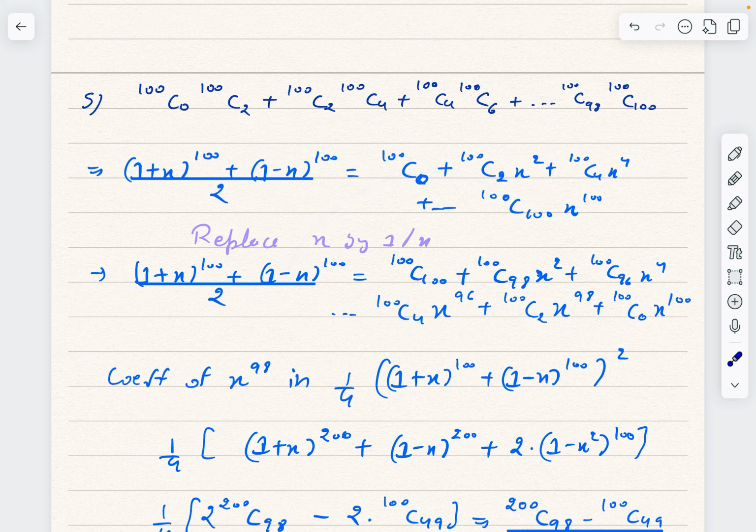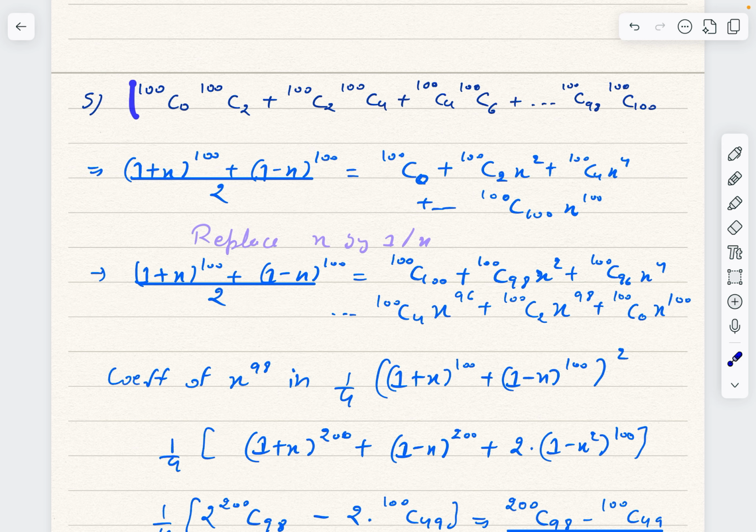So this x power 100 will become 1 by x power 100. When you take LCM, you go with this thing. So the series will come out to be 100C100 plus 100C98 x square plus 100C96 x power 4 and so on.